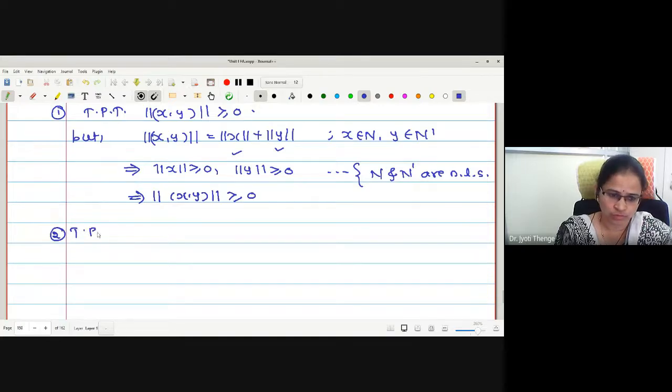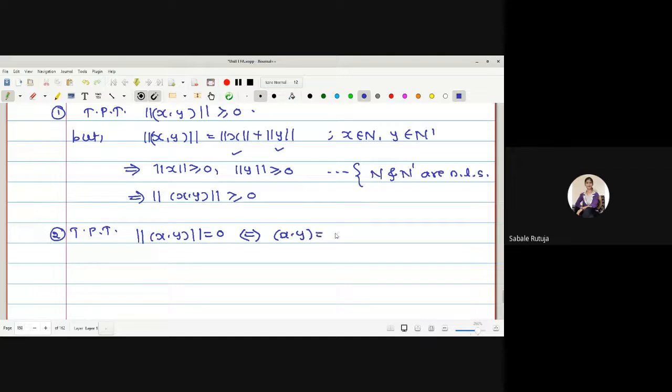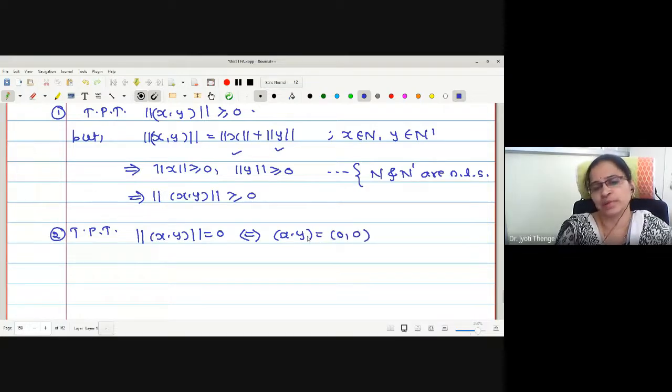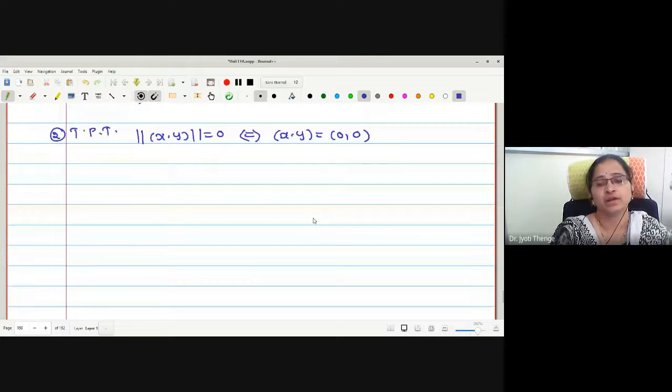What to prove? Norm of xy is equal to 0 if and only if xy is equal to 0, 0. I am writing 0, 0 because it is an element of the Cartesian product.